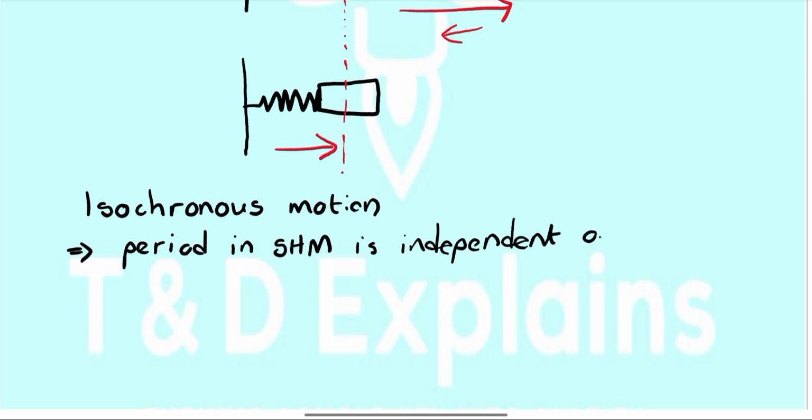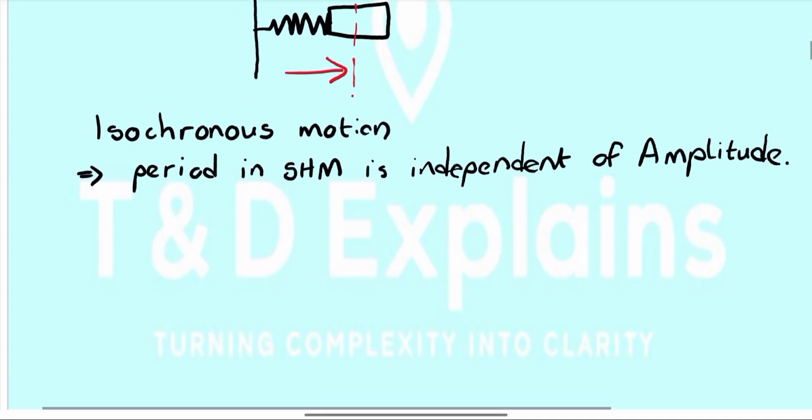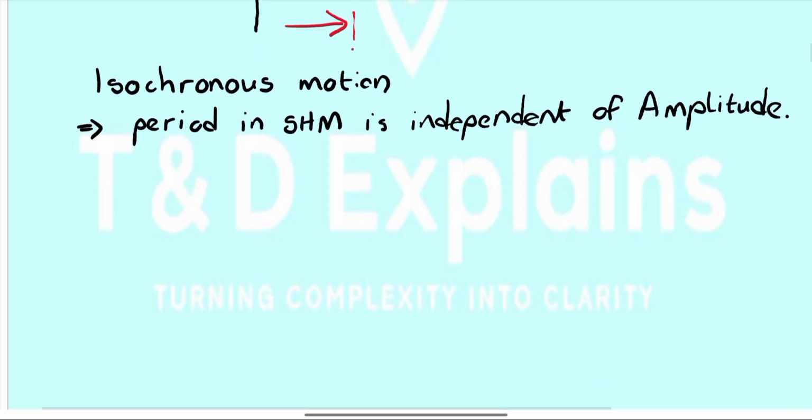We have seen the term isochronous motion, and we have stated that the period is independent of amplitude. But what does this really mean?